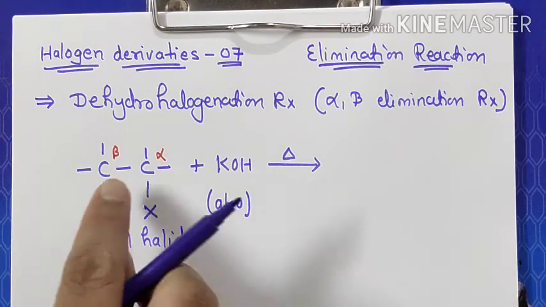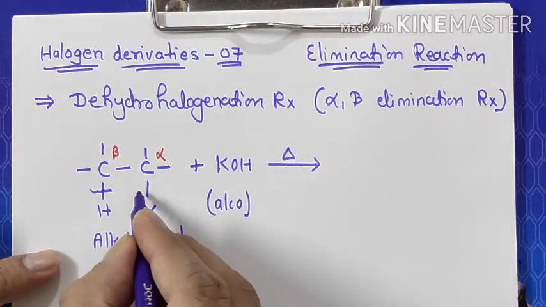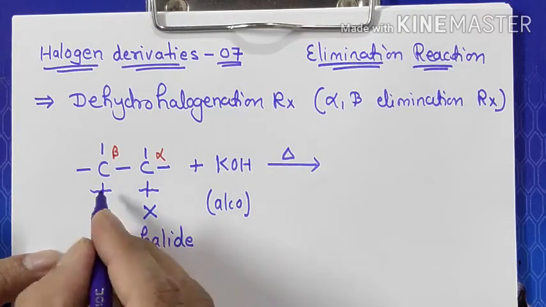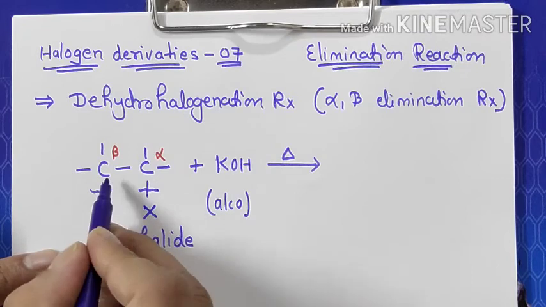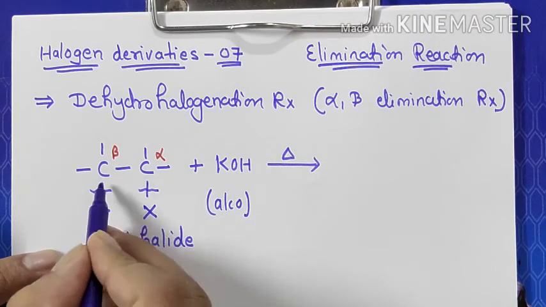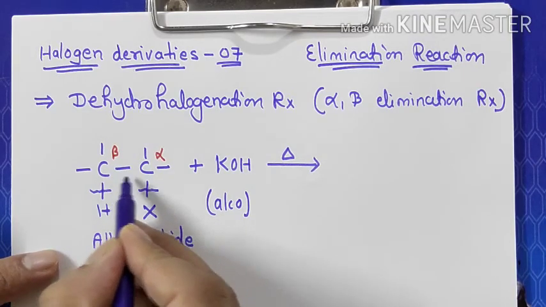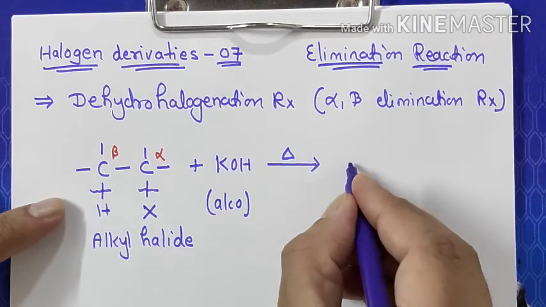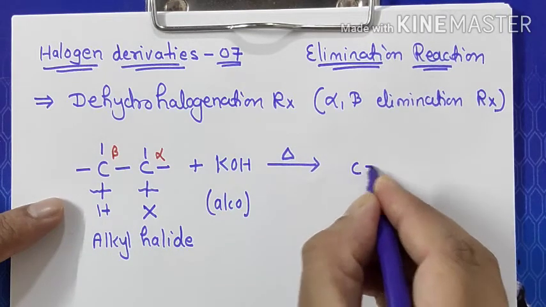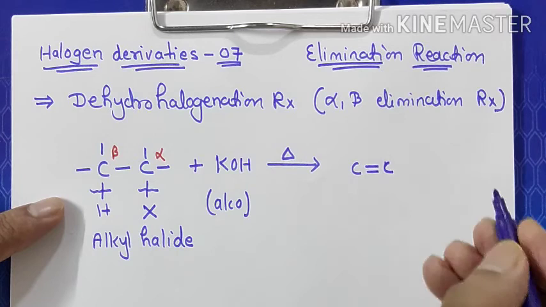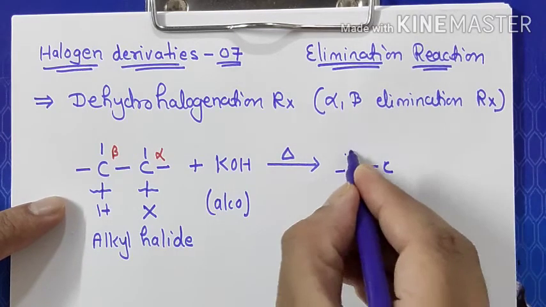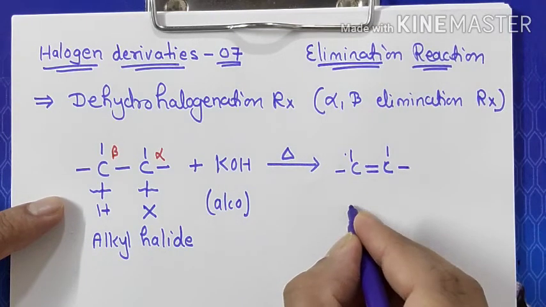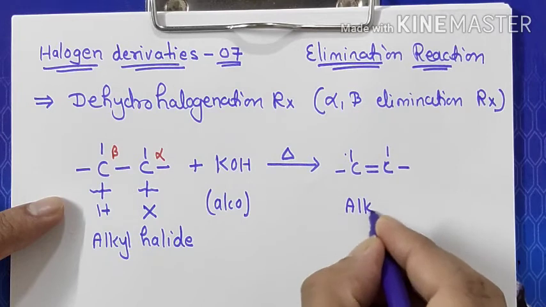Let's understand. Suppose the bond from here breaks, and the bond also breaks from here. So if the bonds break here, this carbon and this carbon form a double bond over here. So it results in the formation of a carbon-carbon double bond, right? It will be like this, and it results in the formation of alkene.